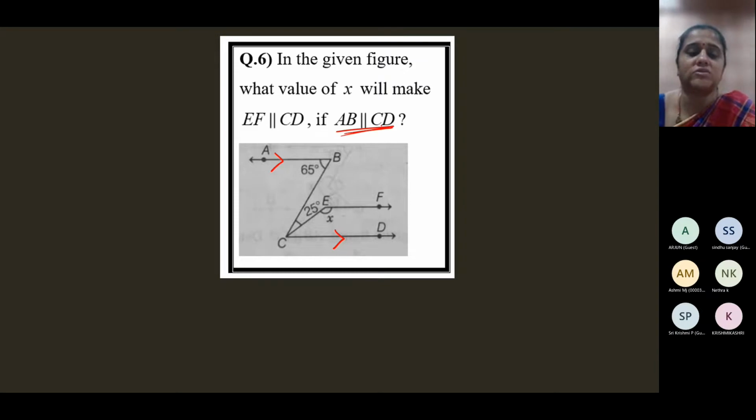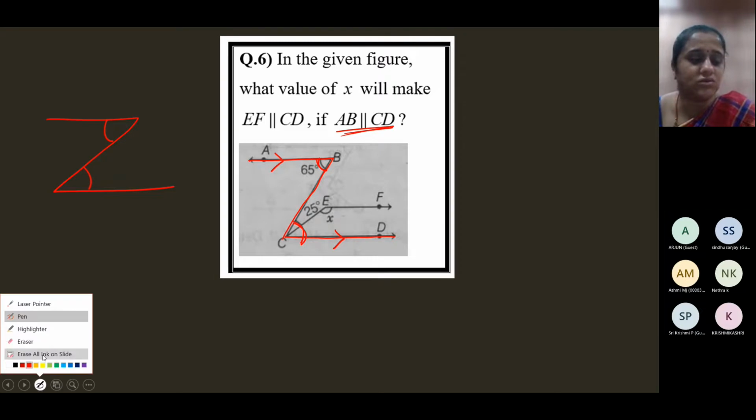So if AB is parallel to CD, see here, parallel line, transversal, parallel line. Alternate interior angles are equal. See the Z like this. So this one and this one form a pair of alternate interior angles. So if this is 65 degrees, this whole thing is 65 degrees.